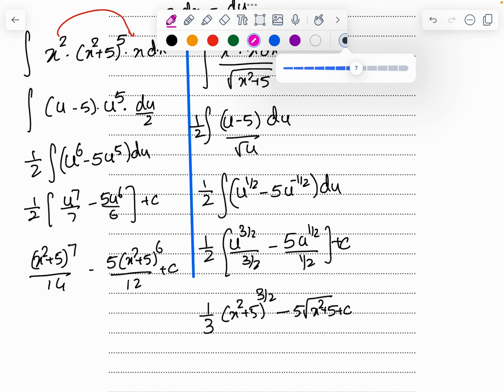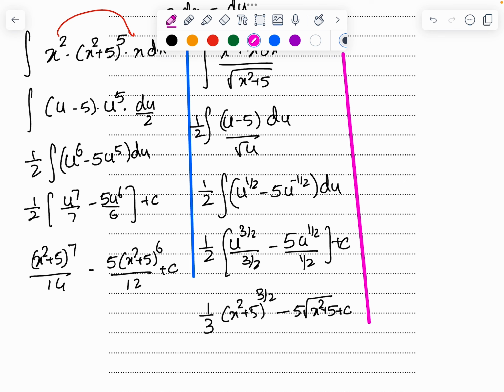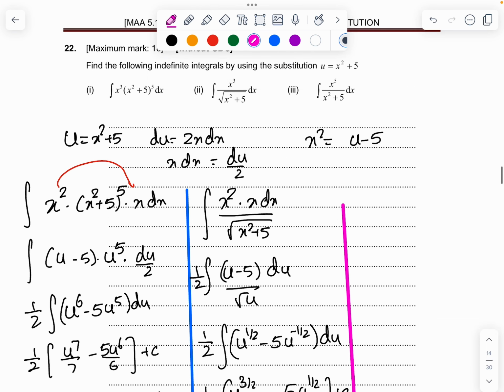Then coming to the third part, x power 5 by x square plus 5. X power 5 can be written as integral of x square whole square times x dx divided by x square plus 5.